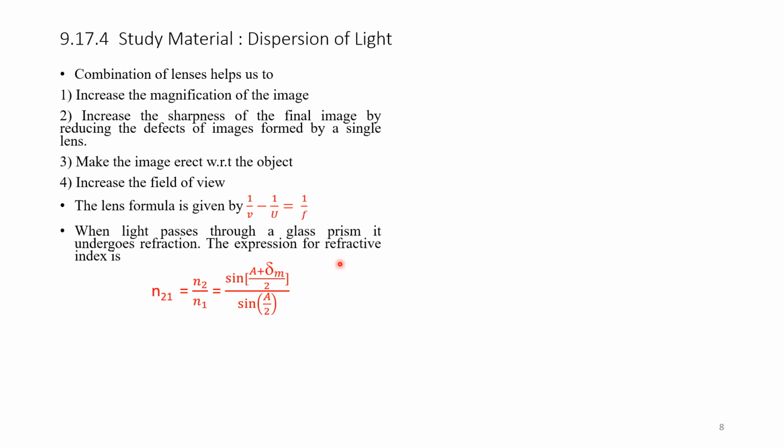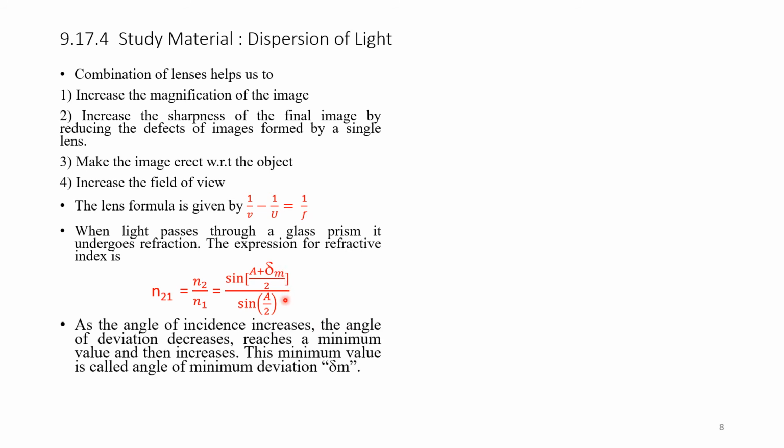The expression for refractive index n21, that is refractive index of medium 2 with respect to 1, is given by n2 by n1 equals sine of (a plus delta m) by 2 divided by sine a by 2, where a is the angle of prism and delta m is the minimum angle of deviation.